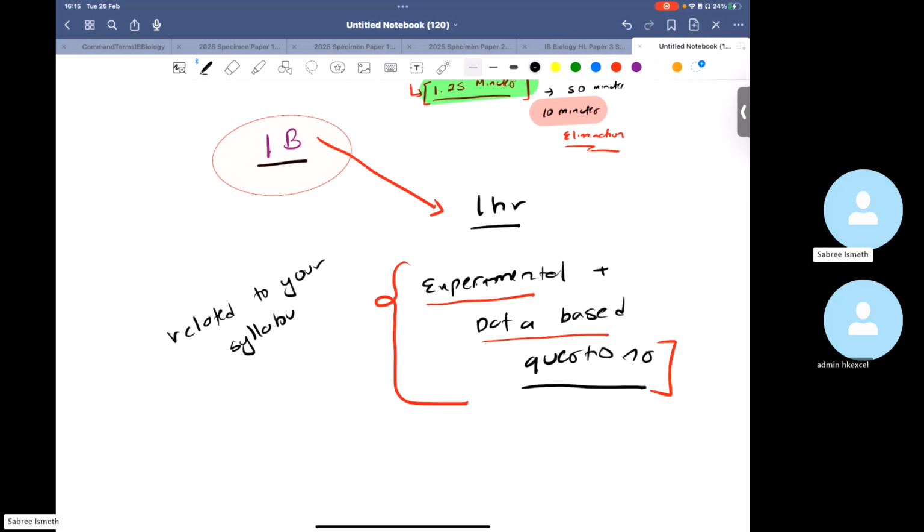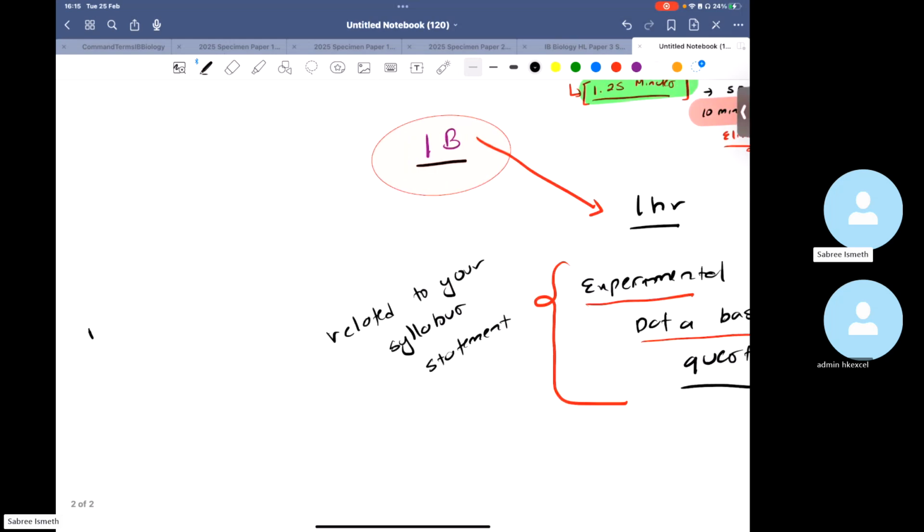So that means in each topic, there is a certain experiment that you have to do. But unfortunately, IB has no fixed list of experiments. It is actually under the discretion of the school. Depending on the equipment your school has, the school has been advised to do those experiments.